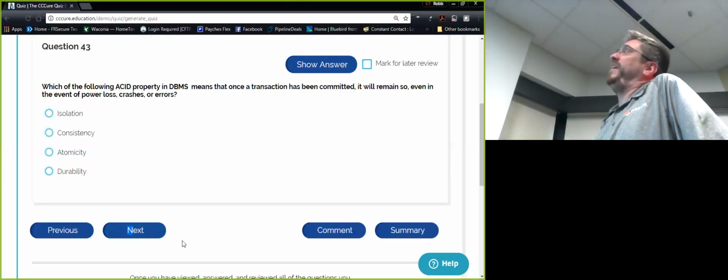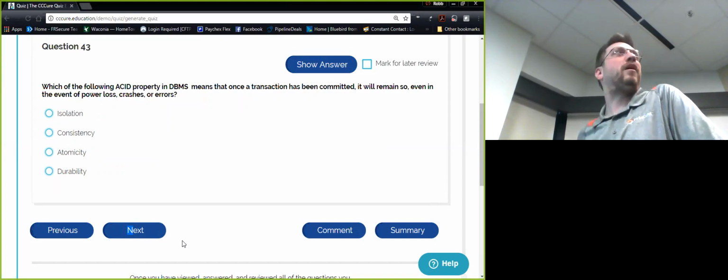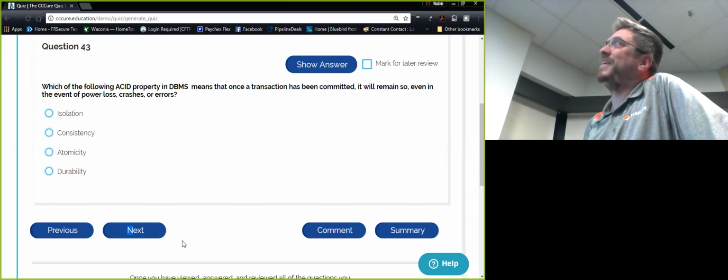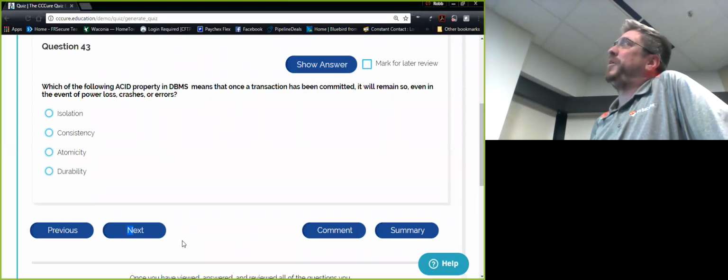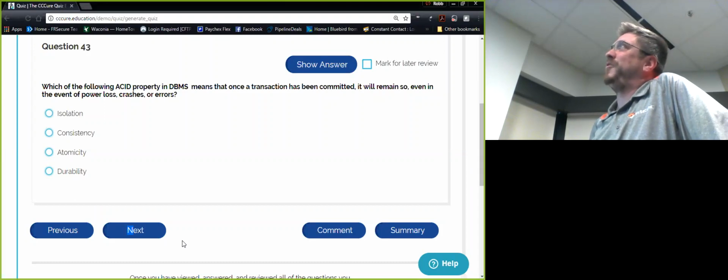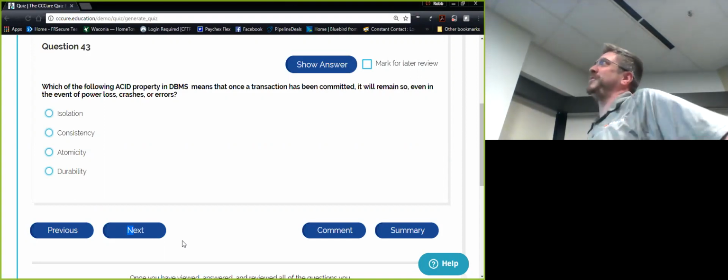Which of the following ACID properties in DBMS means that once a transaction has been committed, it remains so even in a power loss, crashes, or errors? So ACID is atomicity, consistency, isolation, or durability. Isolation is preventing people from seeing what they shouldn't.